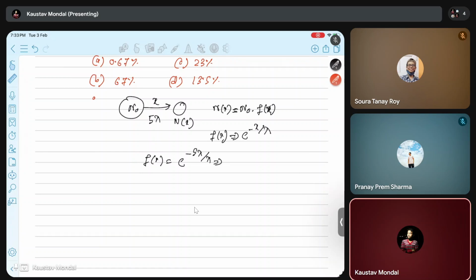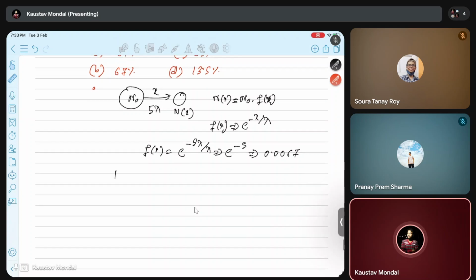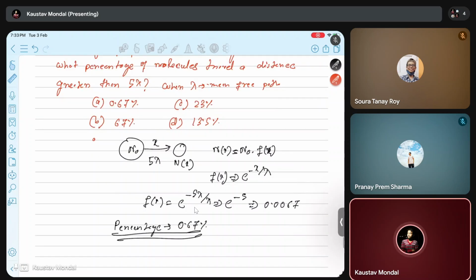So e to the power minus 5 gives you 0.0067. If you multiply it with 100, this gives the percentage as 0.67%. Okay, so this is the answer, 0.67%.